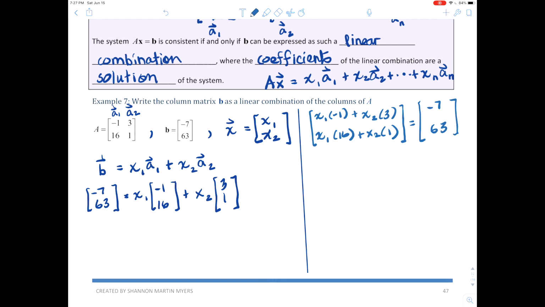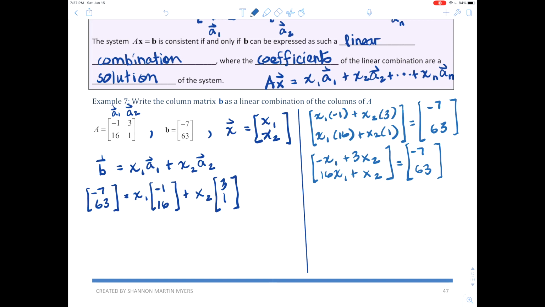Cool, cool? All right, well, we've got one happy column matrix, so this will end up being -x1 plus 3x2, and then 16x1 plus x2, and that's got to equal -7, 63.